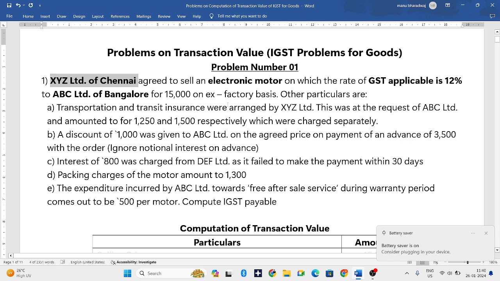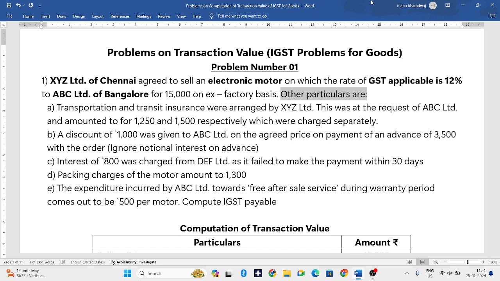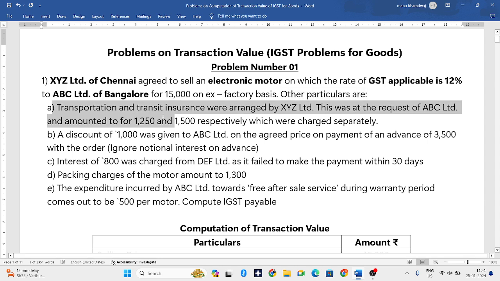Next, other particulars are, so they have given some other particulars also for our information. Okay, first one is transportation and transit insurance were arranged by XYZ Limited. This was at the request of ABC Limited. So what happened?